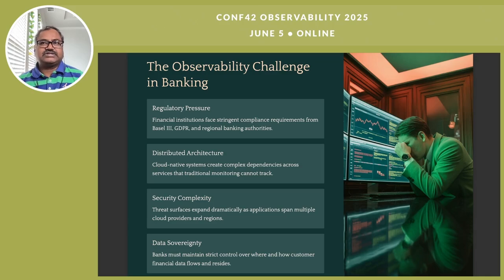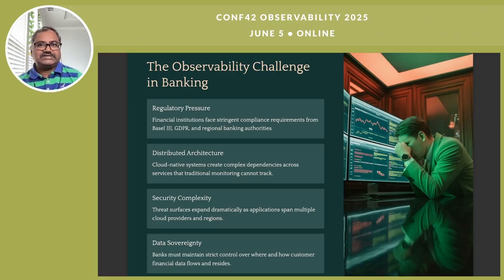As applications and infrastructures change the way they are built, distributed architecture makes it very complicated because it creates complex dependencies across the services, and traditional monitoring cannot work here. The threat surface is also increasing because the application landscape is moving towards multiple cloud providers and multiple regions.